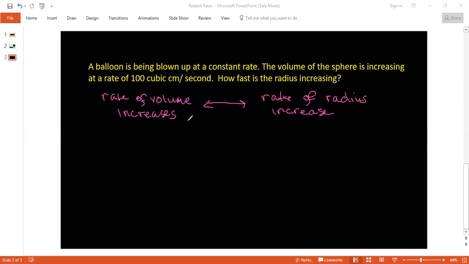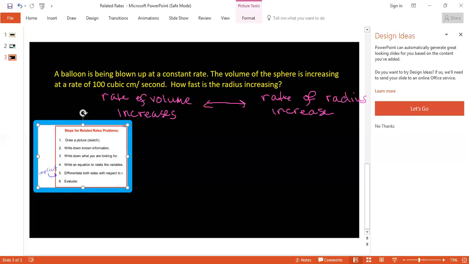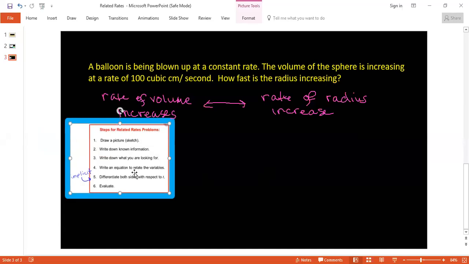So you keep this in mind, and you say, all right, let's look at my steps of things that I have to do. So step one is draw a picture or a sketch. I'm just going to draw something to give me some kind of idea of what's happening.